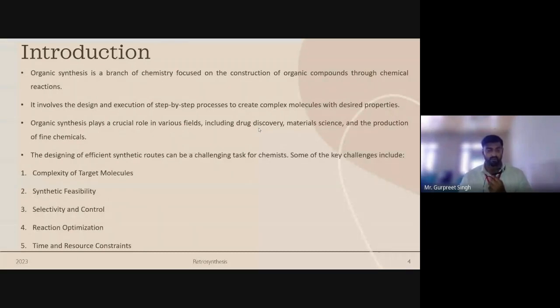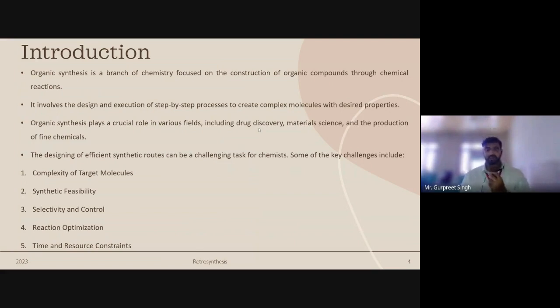So we must look at these time frames and the resource constraints, how many resources you have. If you are performing a total synthesis, whether you have the final molecule in your hand or not, and whether its structure is validated or not. And for performing that synthesis, what kind of chemicals do you need? Are they easily available, or must they be synthesized during the process?